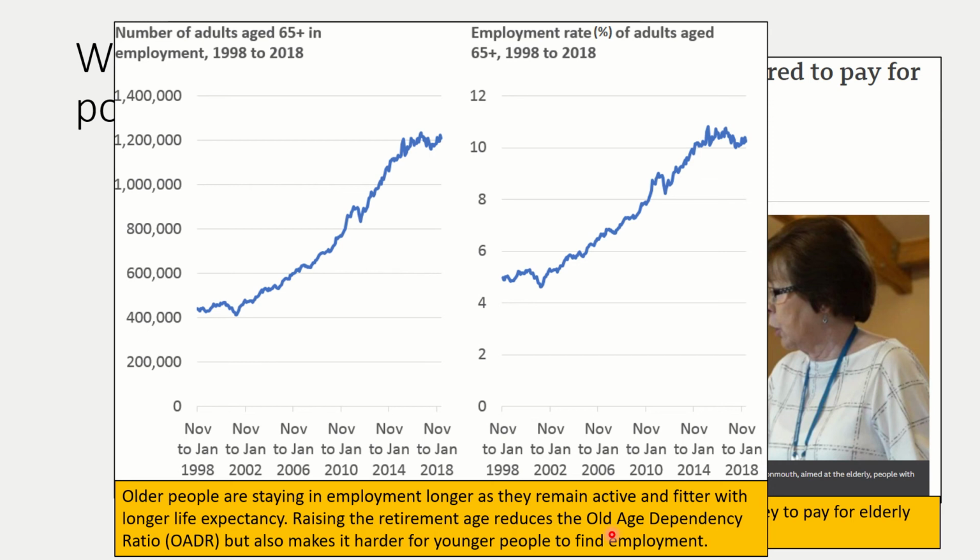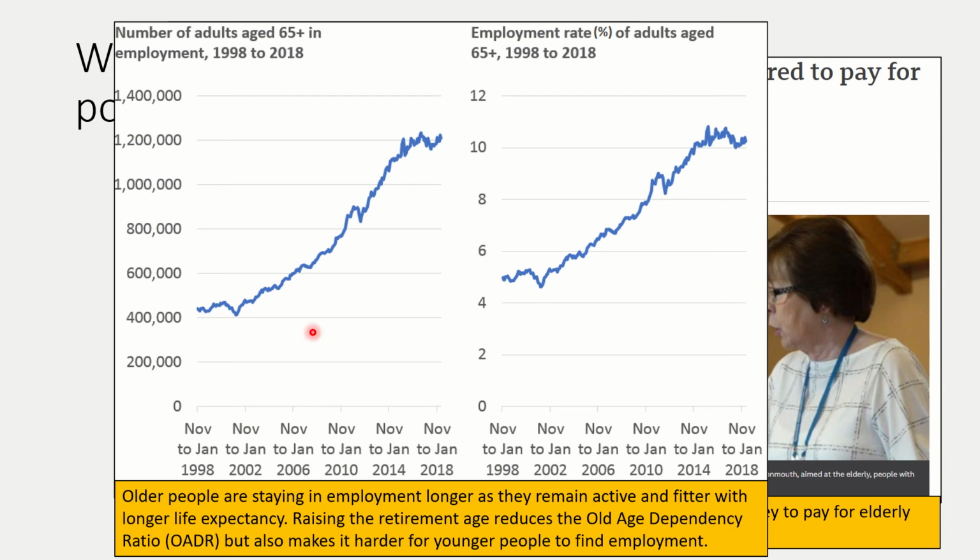By raising the retirement age, what you effectively do is keep those older people in the working population, and you reduce the dependency ratio between elderly dependents and the working-aged population. However, there's a flip side to that. By keeping people in employment for longer and by elderly people wanting to remain in employment for longer, this can make it harder for younger people to find employment in certain sectors.